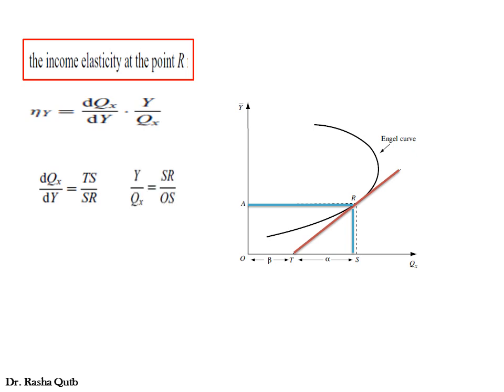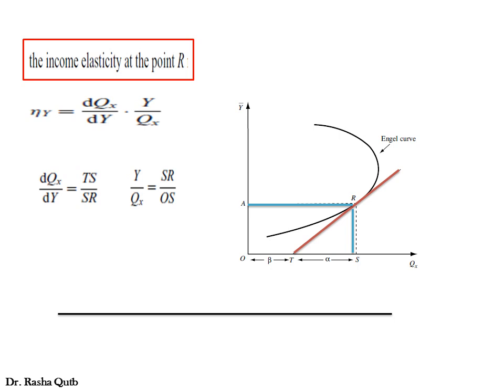The initial level of income, which is OA, is the same as SR, and the initial quantity demanded for X is OS.